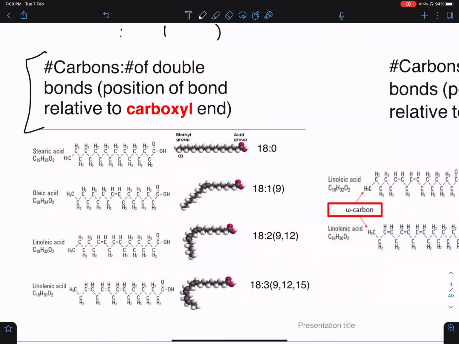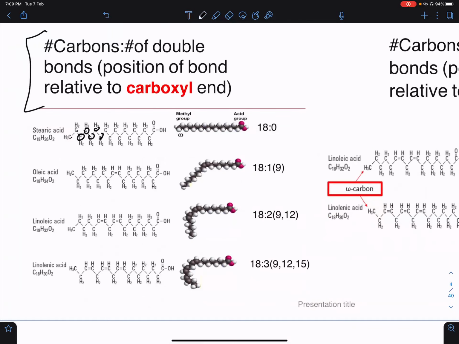In the first example, if you count all of these little carbons, they add up to 18. So that's what the 18 is for. Then two dots, the number of double bonds. Do we have any double bonds between the carbons? No, so we put 0. Then we don't need parentheses, because the parentheses are for the location of the double bond. Since we don't have a double bond, there are no parentheses, so it's just 18:0.